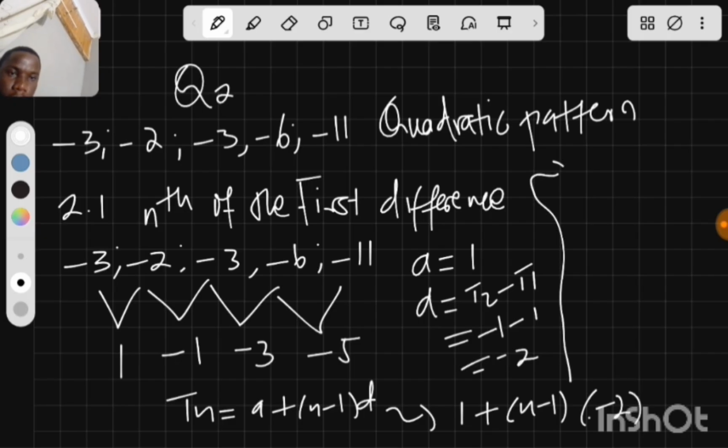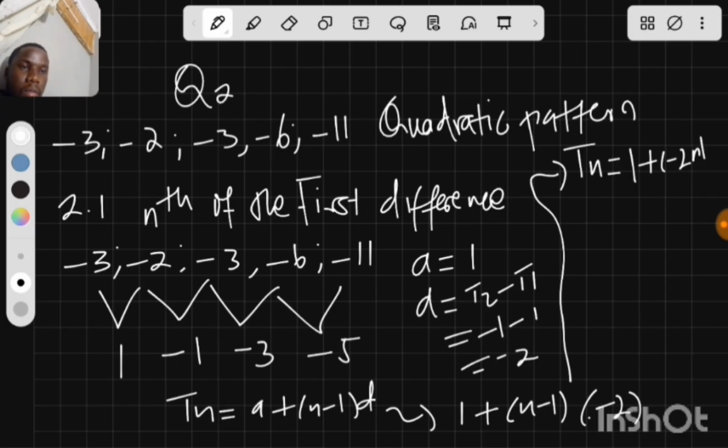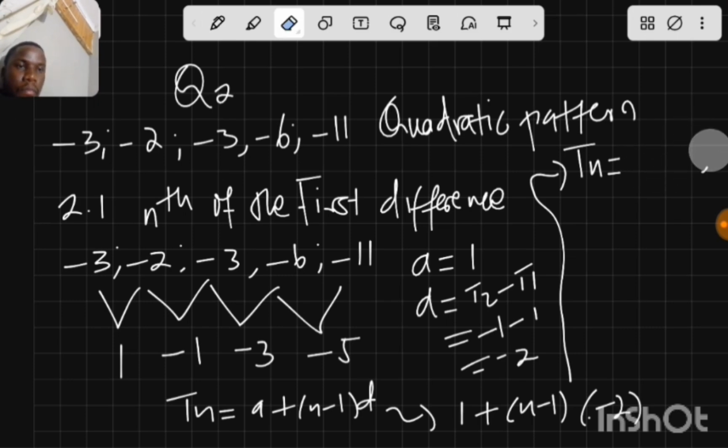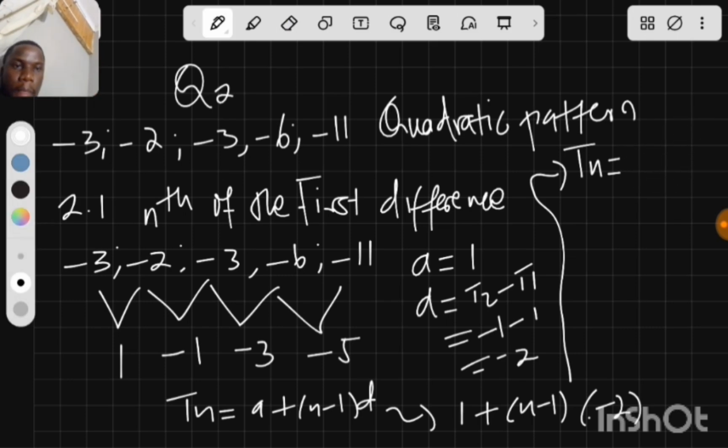I hope you understand. Therefore tn will be equal to 1 plus negative 2 times n, which is minus 2n. And minus 1 times minus 2 is going to be plus 2. So we have 1 plus minus 2n plus 2.